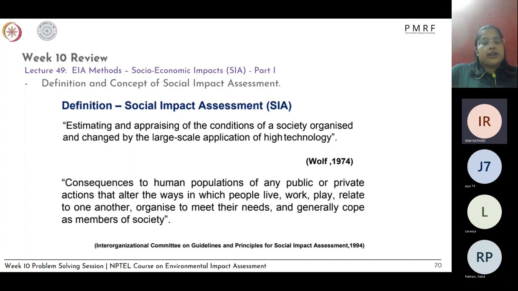Social impact assessment, or SIA, is defined as estimating and appraising the conditions of a society organized and changed by large-scale application of high technology. It is also the consequence to human population of any public or private action that alters the way in which people live, work, play, relate to one another, organize to meet their needs and generally cope as a member of society.